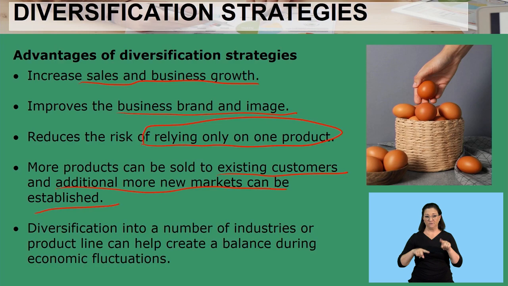Diversification into a number of industries or product lines can help balance during economic fluctuations. So maybe there's COVID-19, for example, and the business is not doing well in this business, and then we know that at least in the other business, we can still get more sales and not rely only on this business, because we've diversified our business.